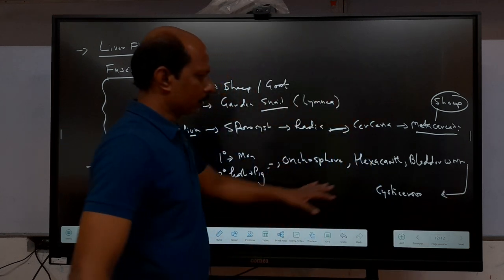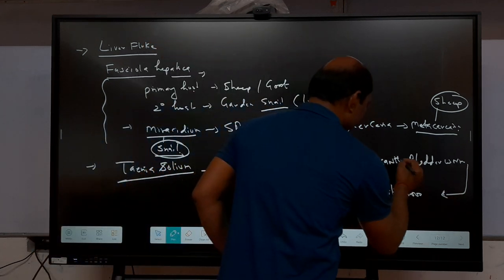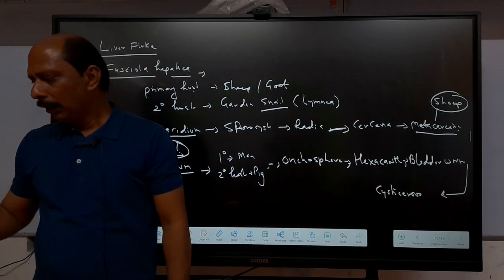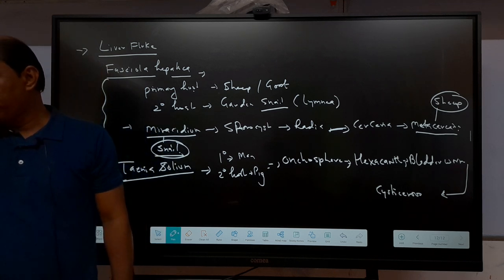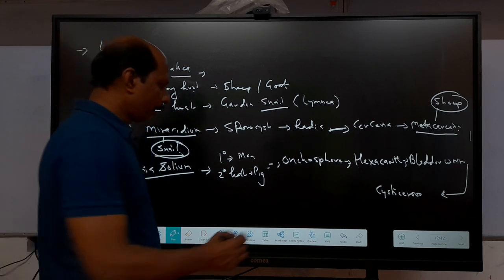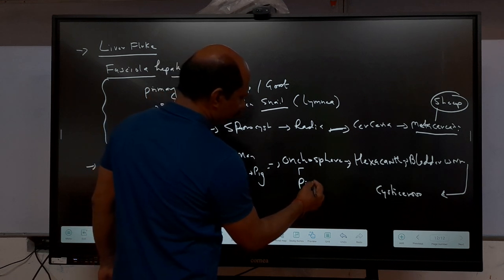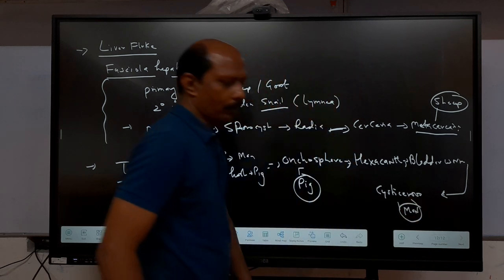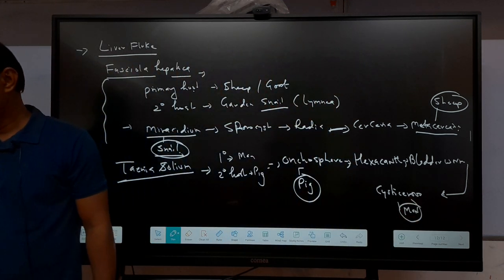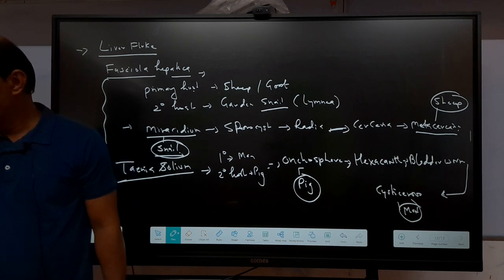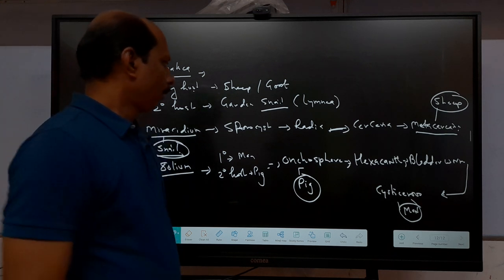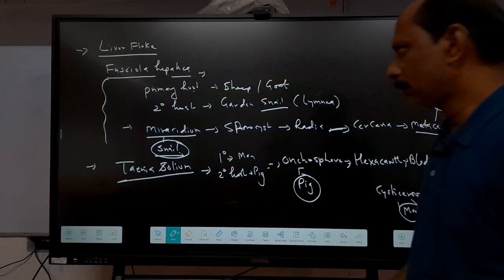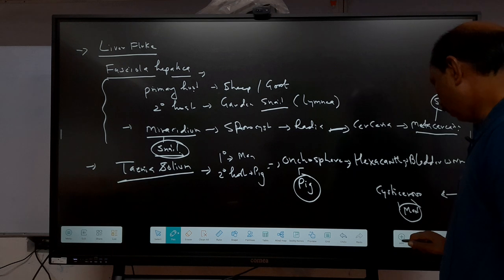So these are the larval stages, in the sequence: Onchosphere, hexacanth, bladder worm, and Cysticercus, right? What is the infectious stage in case of pig? Onchosphere is the infectious stage of pig, and Cysticercus is the infectious stage of man. Now you understand? Okay. Different examples are also given in our NCERT. We can read this one there.